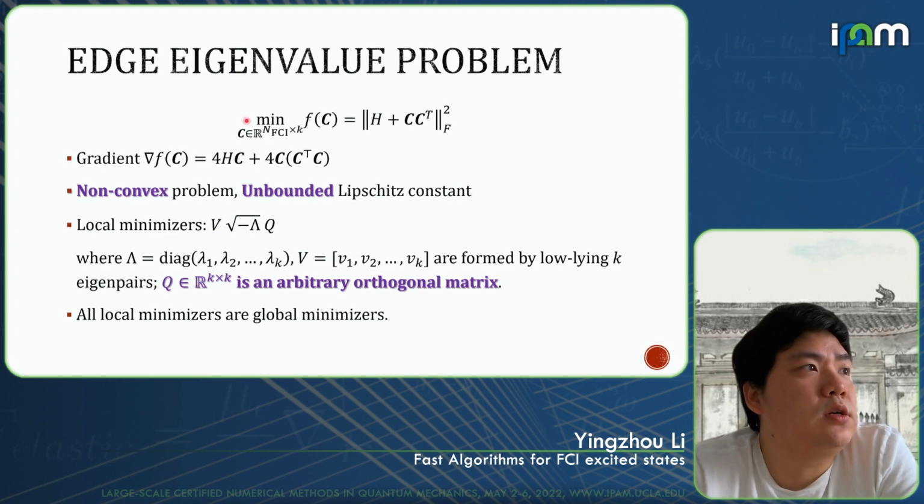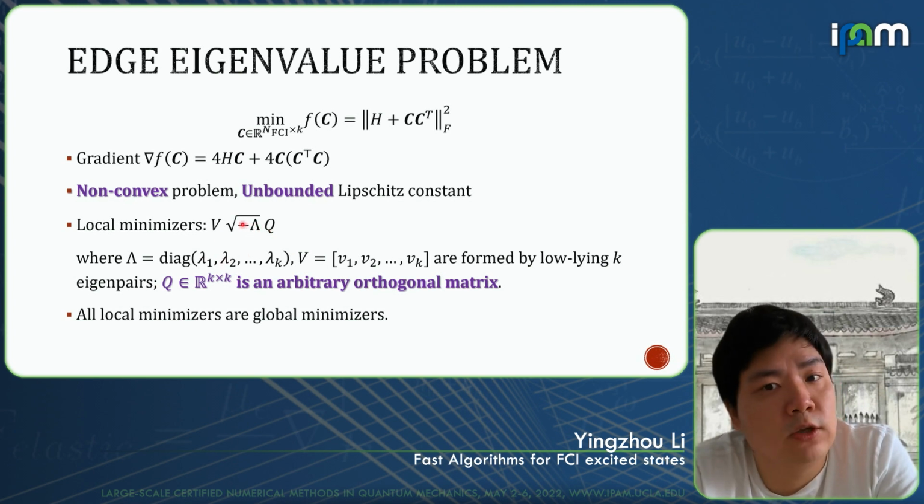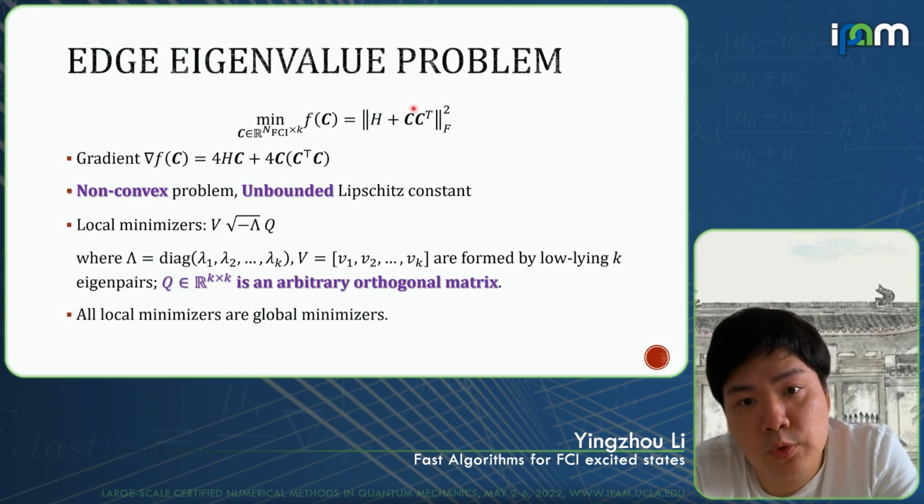The local minimizer of this problem has V as the low-lying eigenvectors, and lambda as the corresponding eigenvalues on the diagonal. So the local minimizer will be of the form V times the square root of negative lambda. We assume those lambda are negative, so this becomes a positive diagonal, and V times the square root of that. Another thing is that we also have this Q, an arbitrary orthogonal matrix, because if we substitute this Q into the middle, they cancel with each other.